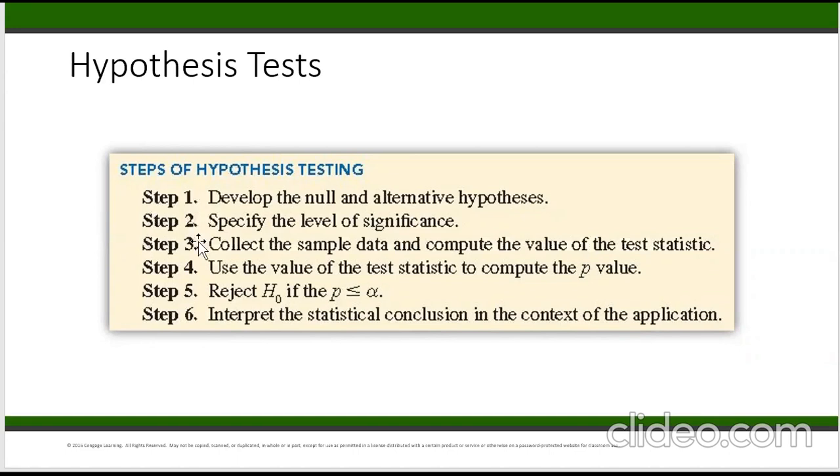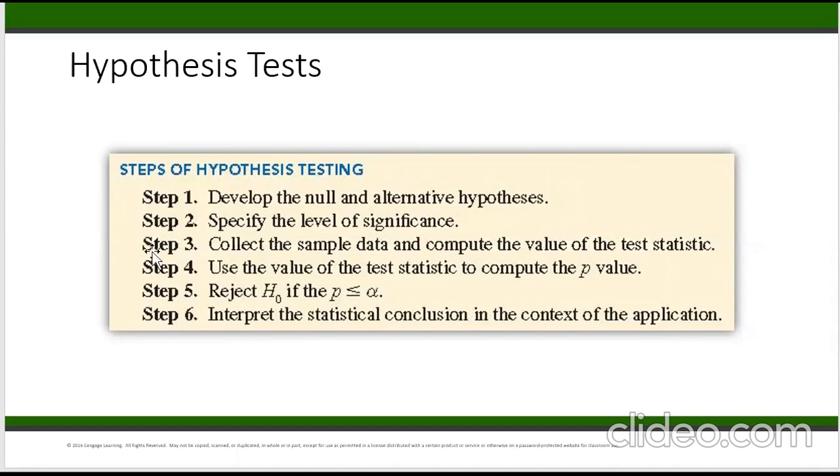So first, we're going to review all these 6, and then we will talk about the first 2 in separate videos. And for steps 3 to 6, we're going to review them for every type of hypothesis testing separately.